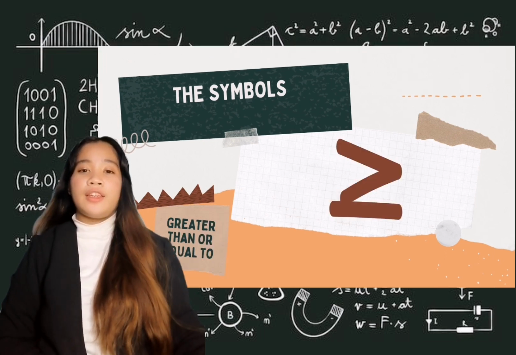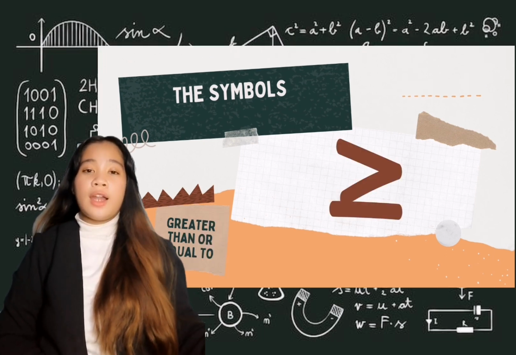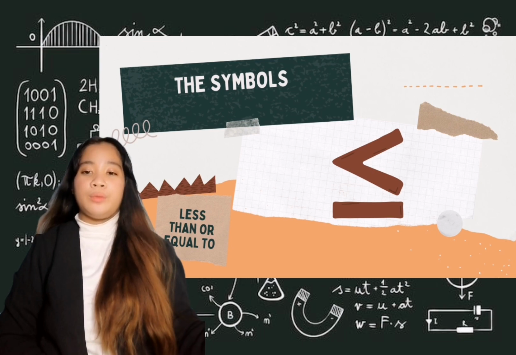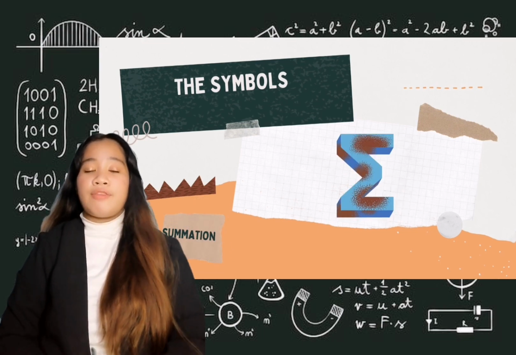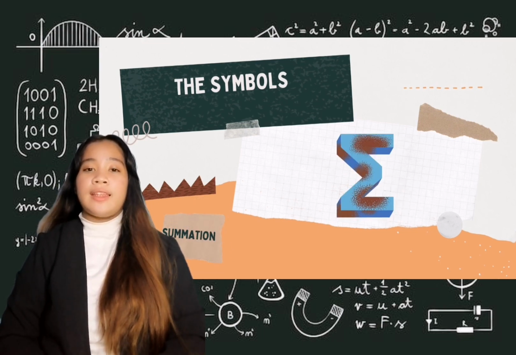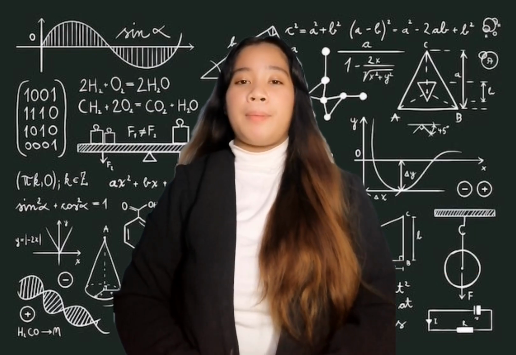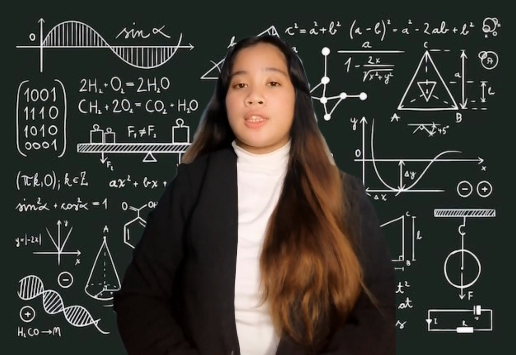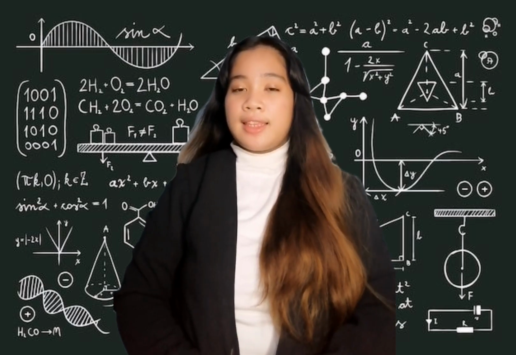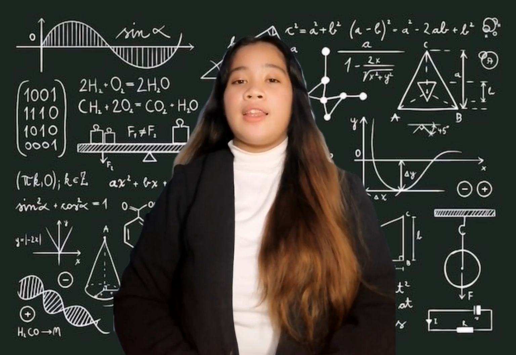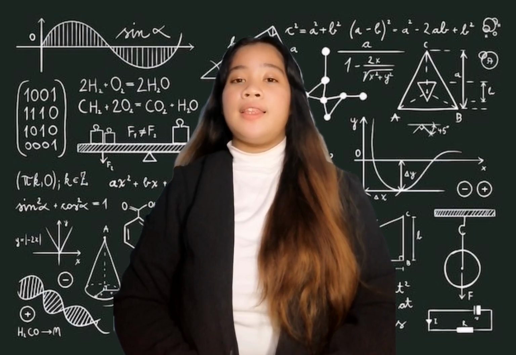A sign for greater than or equal to, or a sign for less than or equal to. A sign for summation, and lastly, a sign for square root. These symbols are used to represent mathematical operations, functions, sets, and relations, and are an important part of mathematical language.